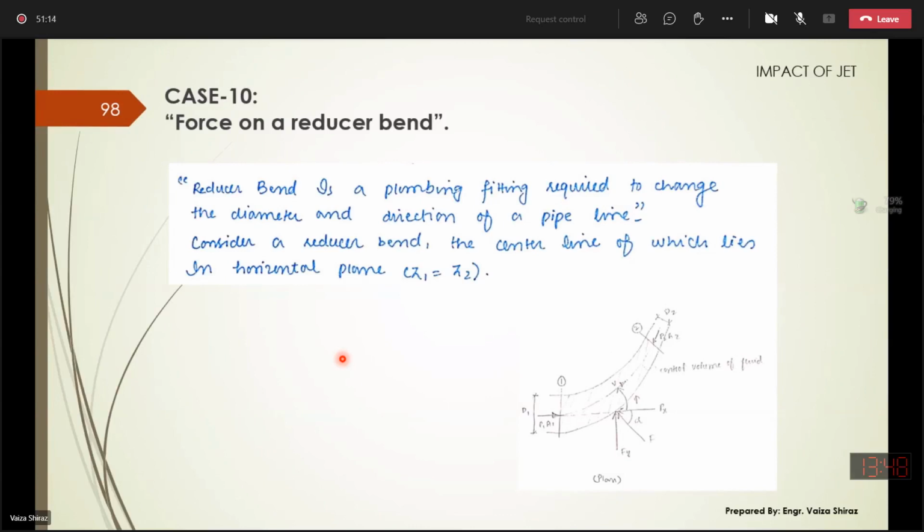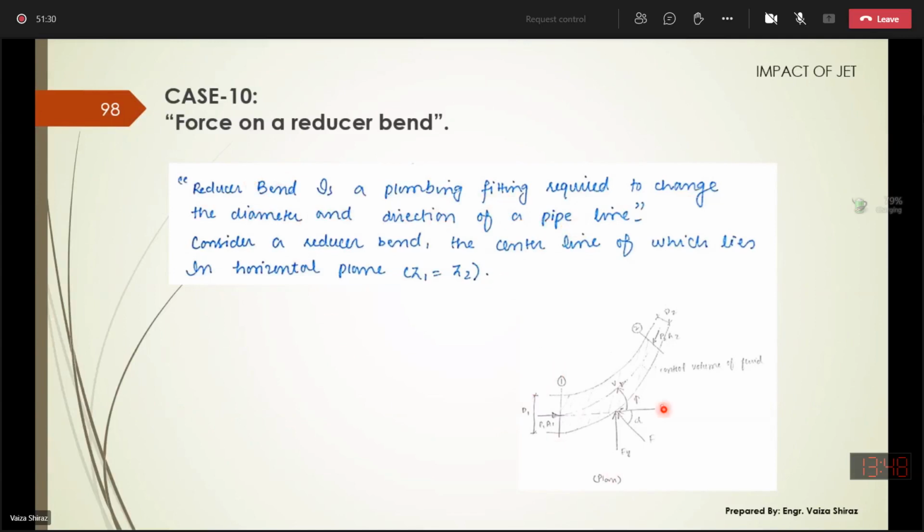It will be at some angle. It means that you will apply the equation along x and y both and their resultant will give you F and alpha.